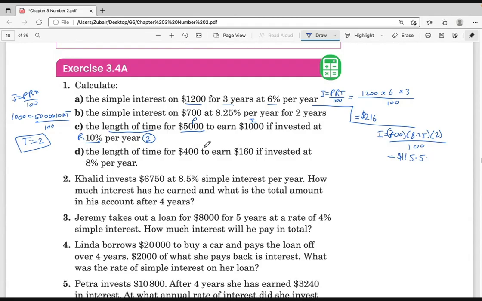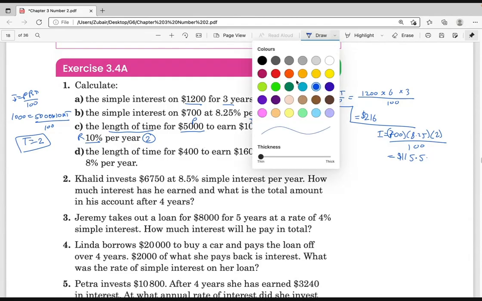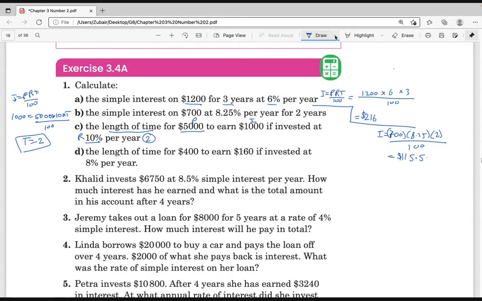D part says the length of time for 400 to earn $160. So principal amount, and they're earning 160, that's interest, invested at 8%. I equals PRT over 100. Interest is 160.